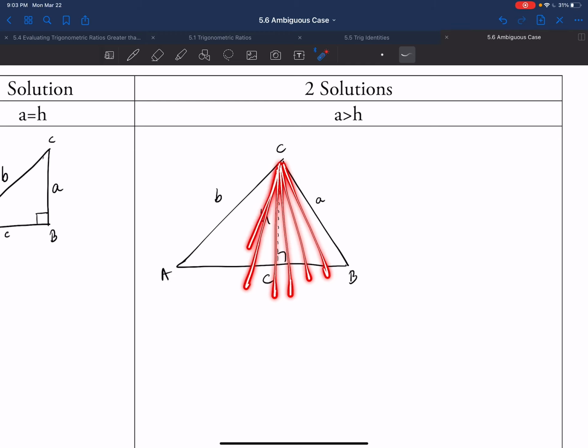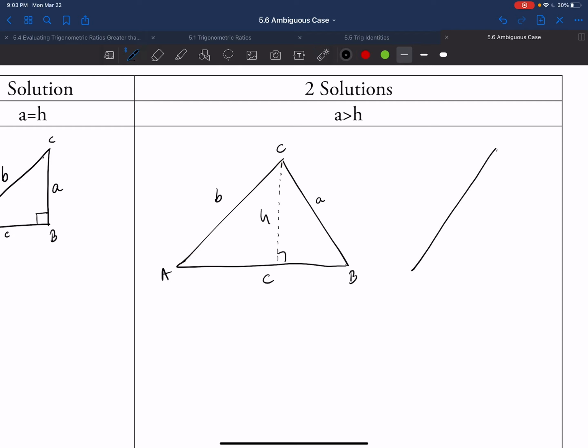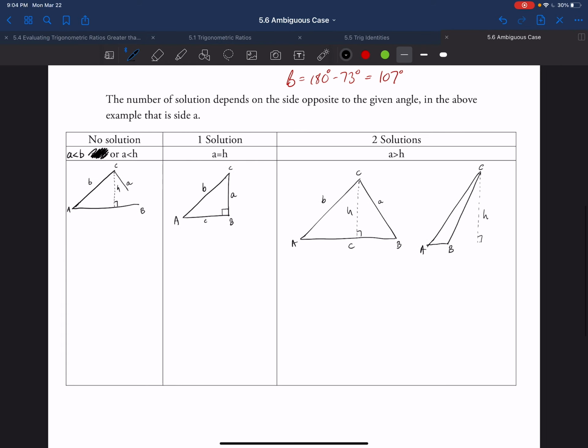But if we decrease the angle, then eventually we'll meet the other side. So that's why we get that very skinny triangle. This says the height would be outside of the triangle, because the height has to be 90 degrees. So then there would be two solutions.